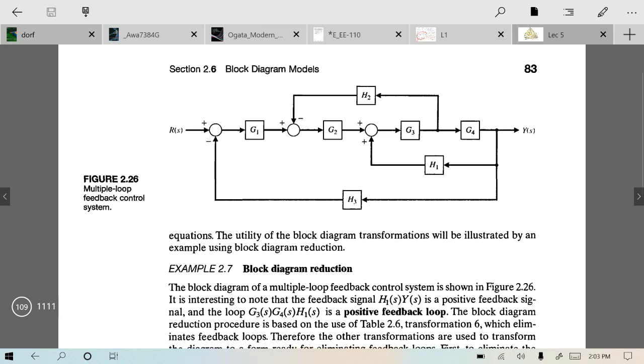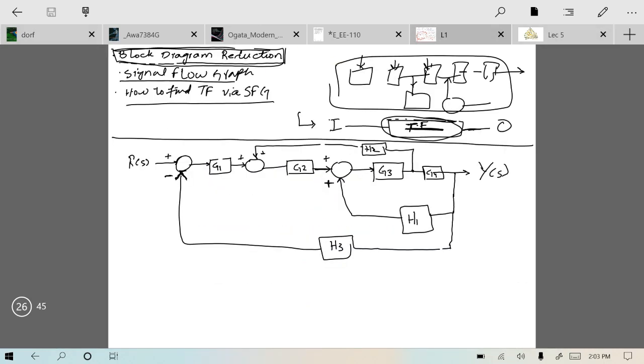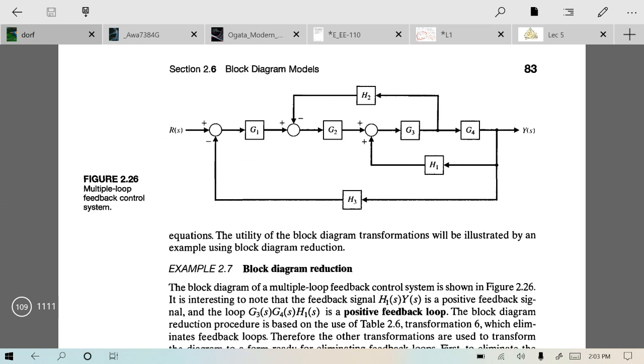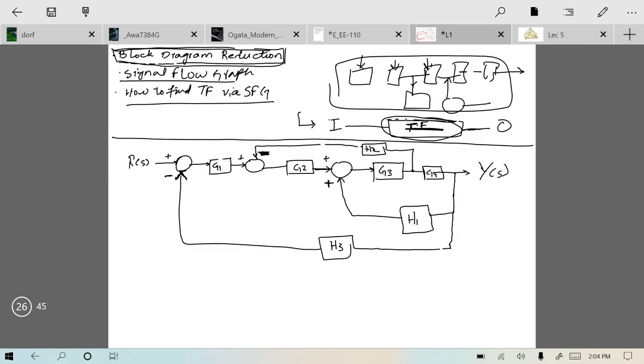It is a negative feedback. So this block diagram has been replicated over here.